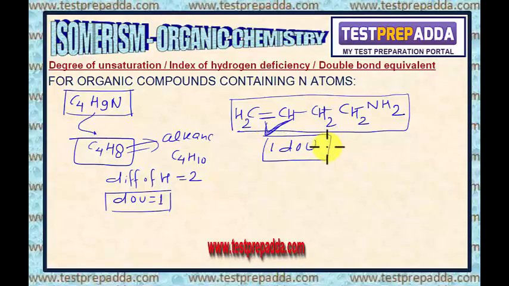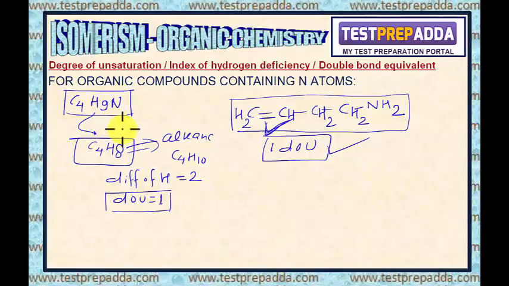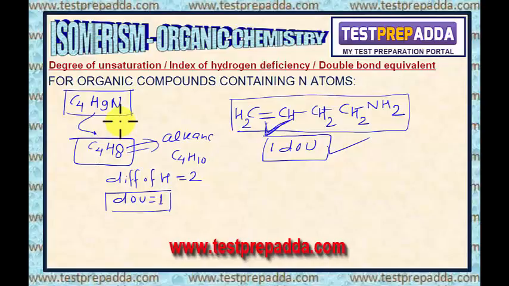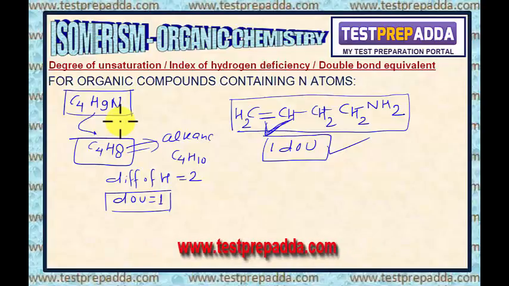And once you know this 1 degree of unsaturation, you can write other possible structures of this compound. My point is clear. So this I talked about degree of unsaturation for organic compounds containing carbon, hydrogen, and heteroatoms like halogen, oxygen or nitrogen.